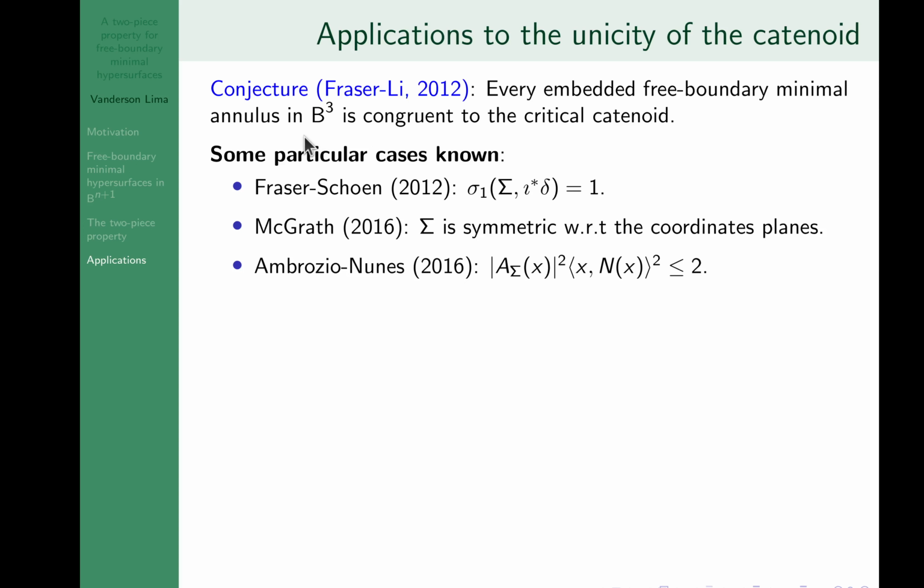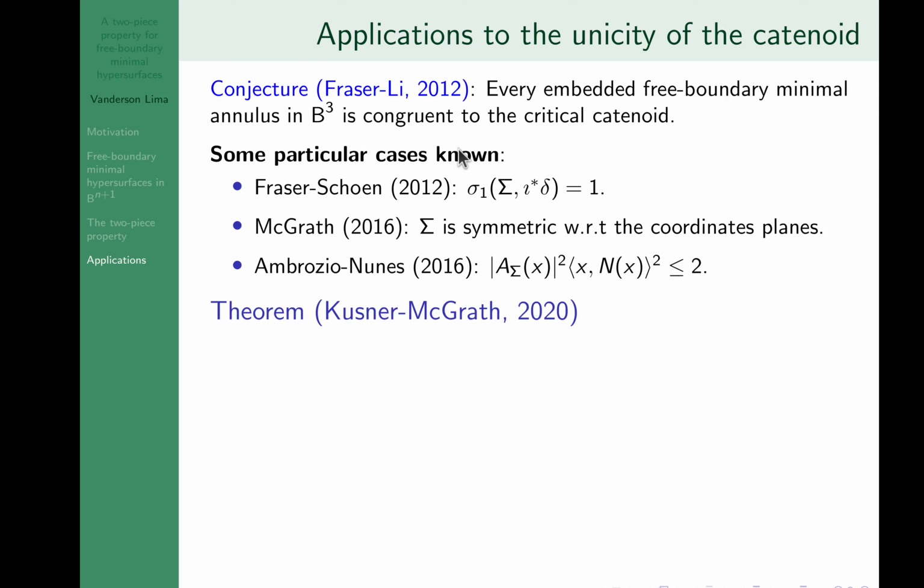Here n is the unit normal vector field to the surface in Euclidean space. So it follows from the result that if the surface is an annulus, this is actually 2, and it is the critical catenoid.